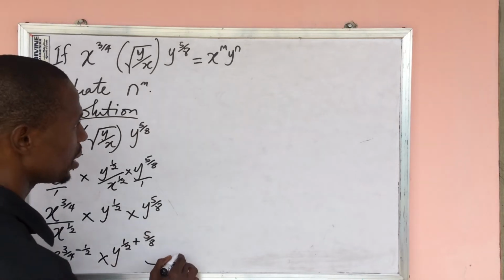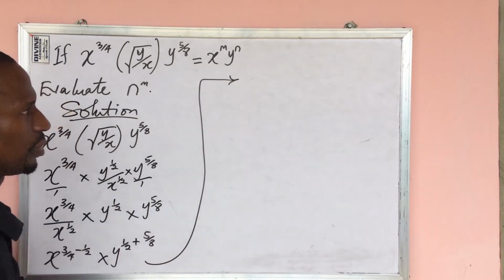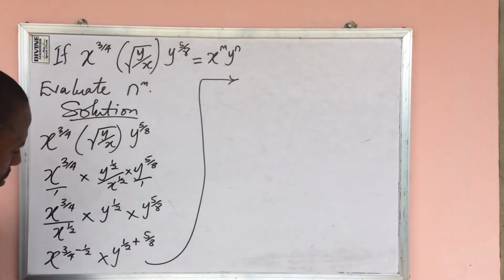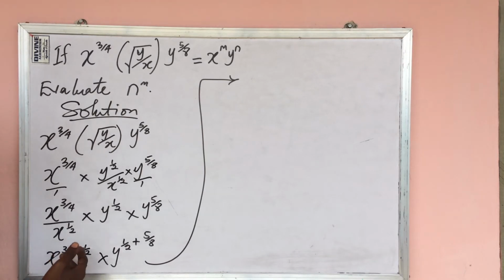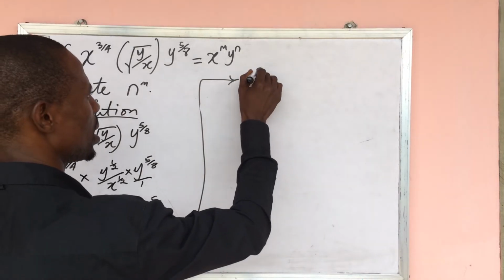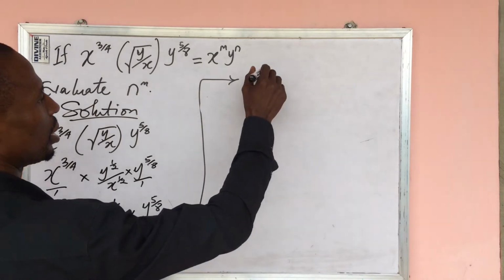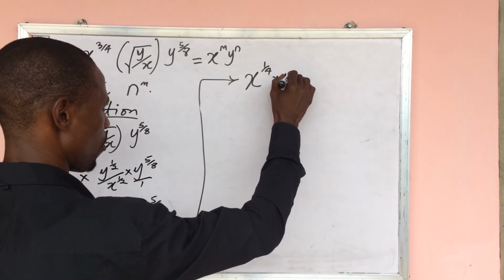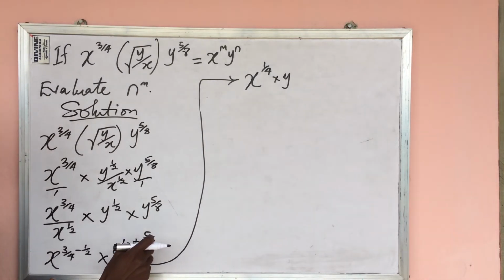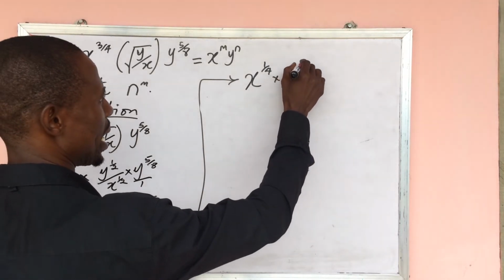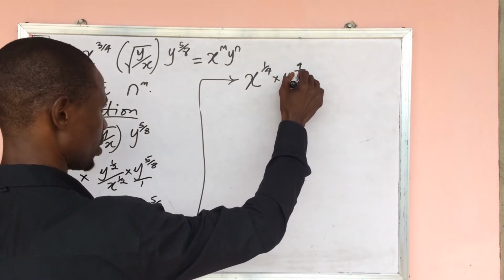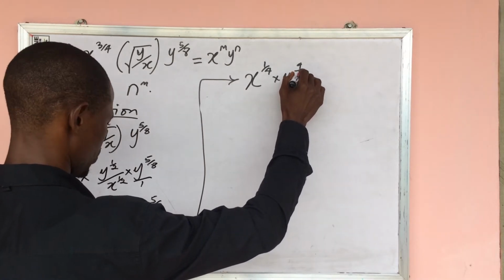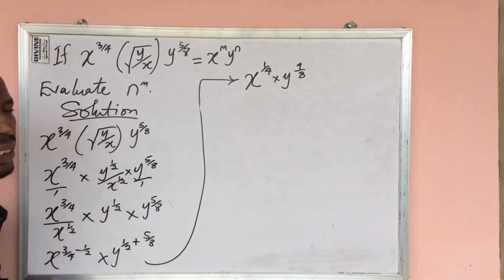So from here, let's proceed forward. If you carry out this simplification, it will give us x to the power of 1 over 4, then times y to the power of 9 over 8.